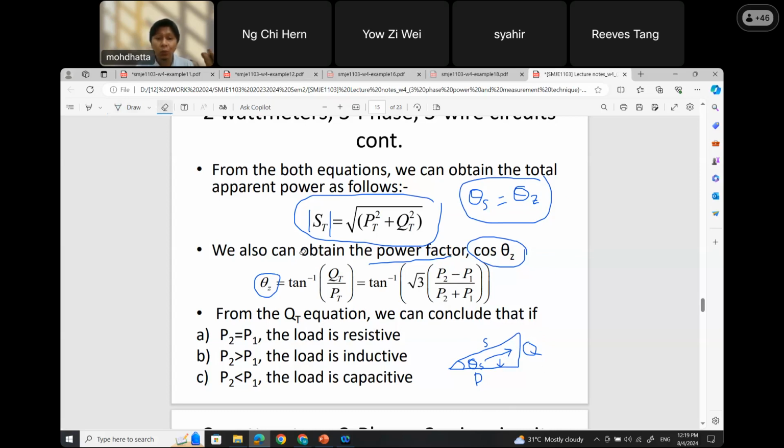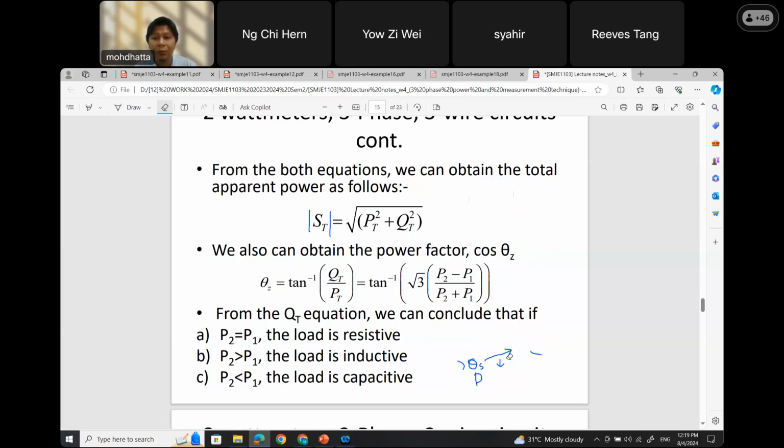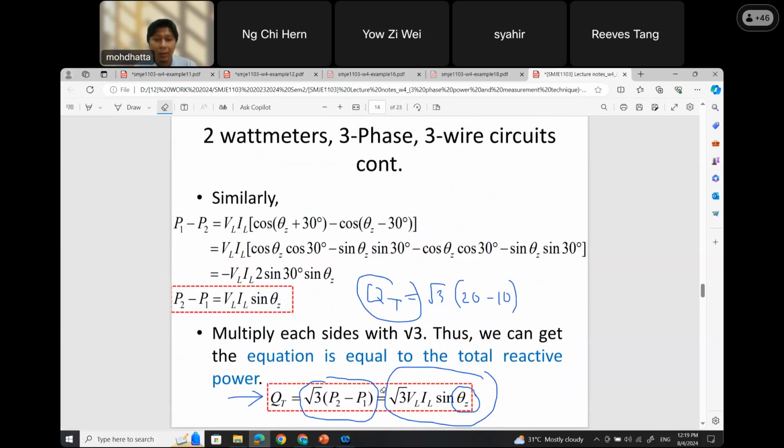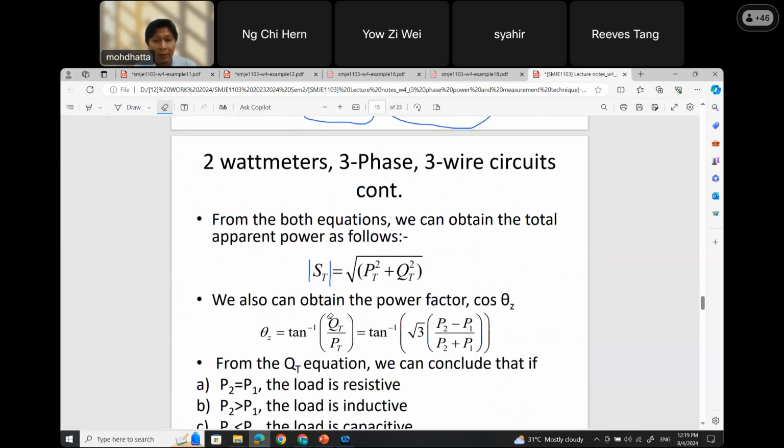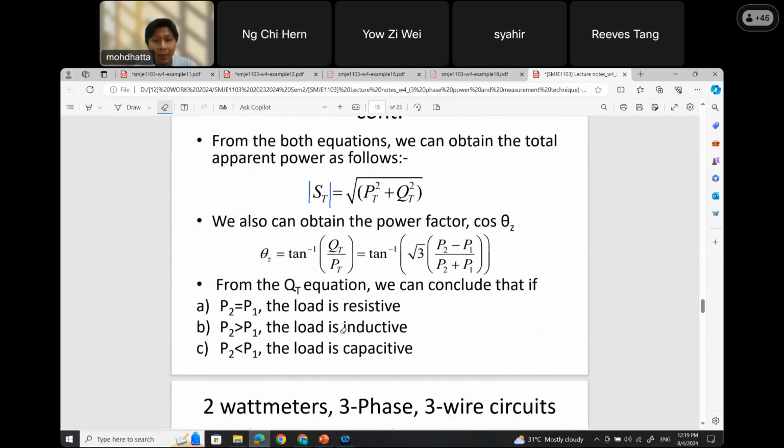Based on the 2 wattmeters that we have earlier, we might think that we only have the information of P. But basically, from the information of P, we can get all information of the three-phase power for our load. We can get reactive power, we can get the apparent power, as well as the power factor.